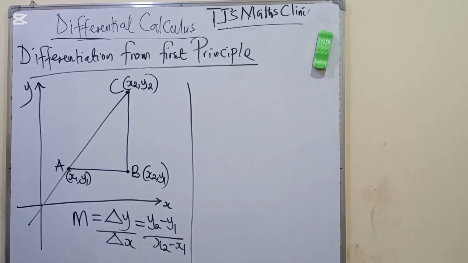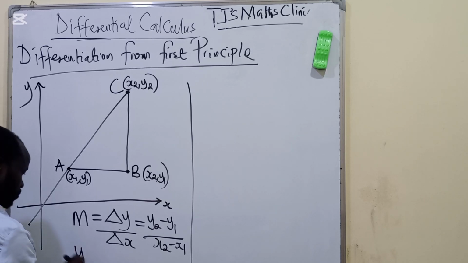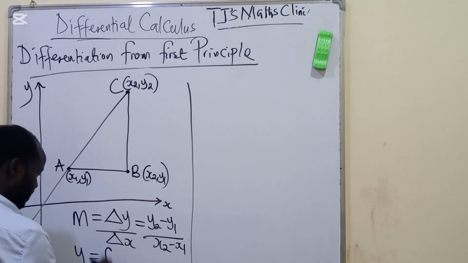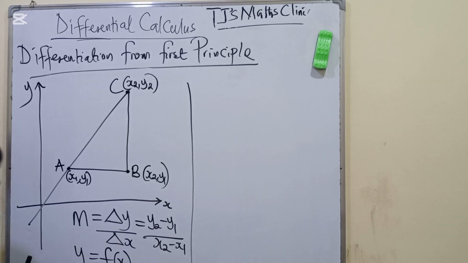Very important. We know that y is a function of x. It means y equals f of x. Since y is a function of x, whatever the value of x will determine the value of y.